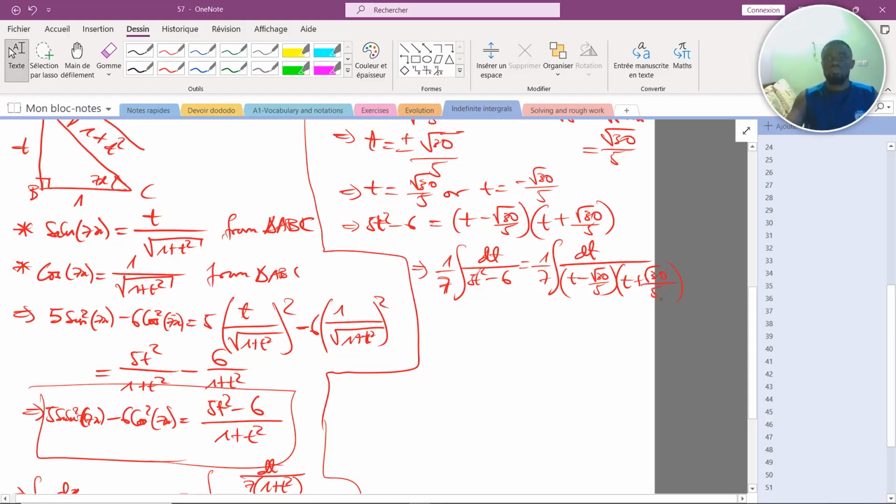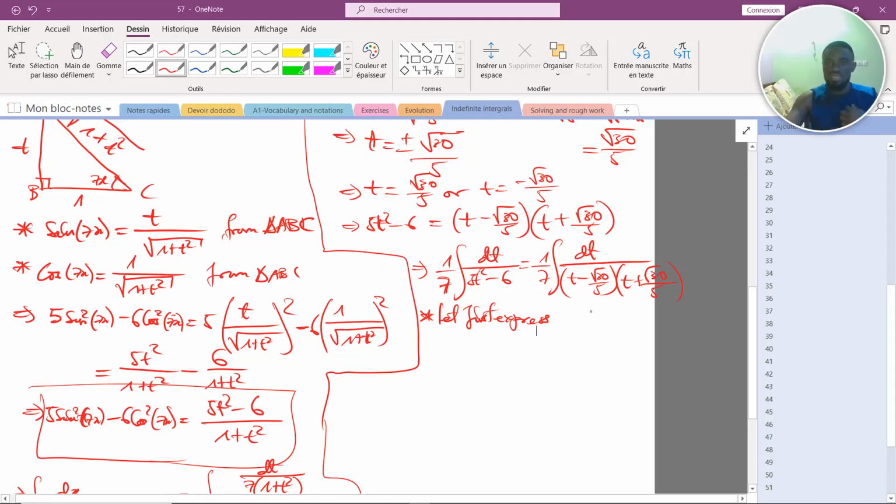How do you integrate this? To integrate this, what you are going to do is you first express this in partial fraction before integrating. So let's first express, always mention what you are doing for the examiner to understand what you are doing.